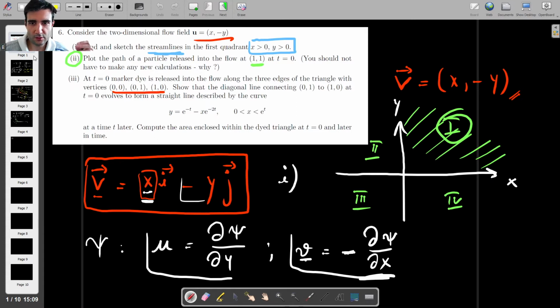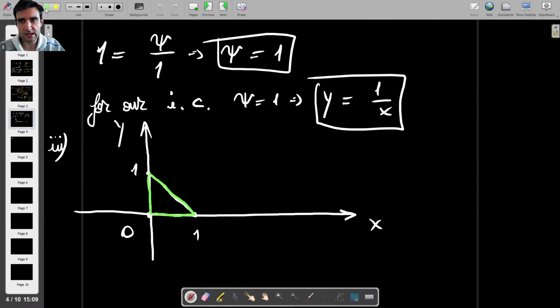Okay, and then we're asked to show that the diagonal line connecting (0, 1) to (1, 0) at t equals 0 evolves to form a straight line described by the curve. Okay, so at t equals 0, this is essentially the shape of the dye.